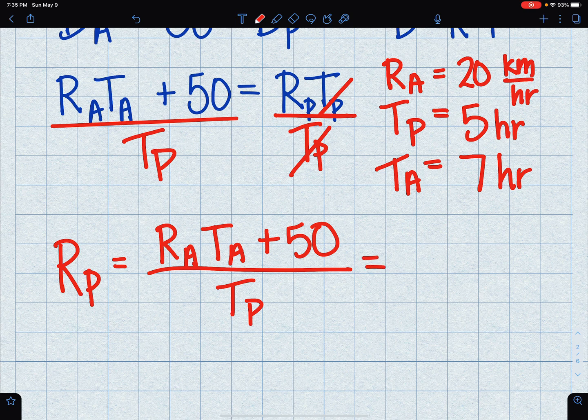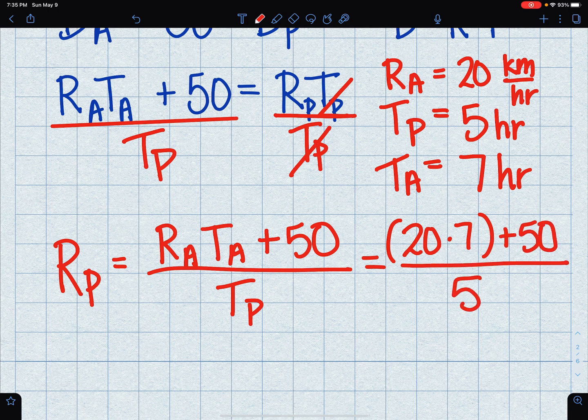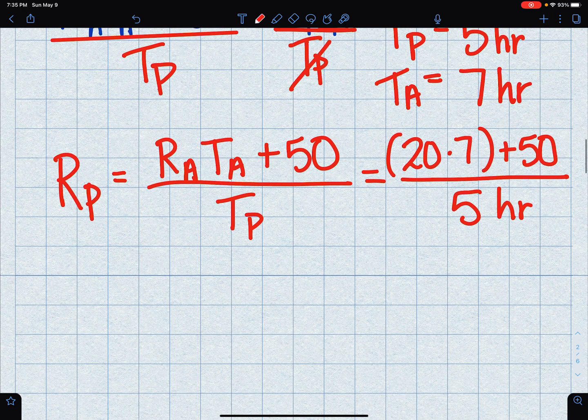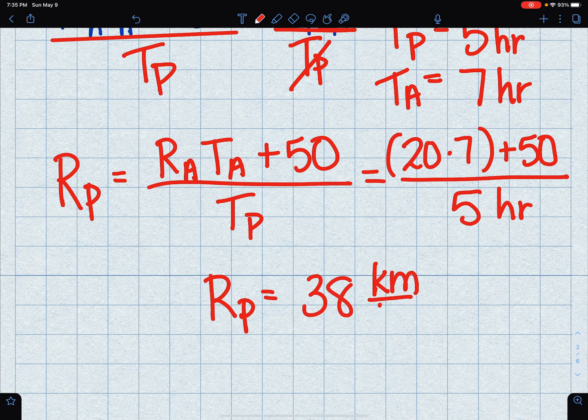Now let's substitute everything in. 20 times 7, that goes in parentheses because it's this part, okay, plus 50 over TP, which is 5 hours. And we get R of P is equal to 38 kilometers an hour. And then I like to go back and see if that makes sense.